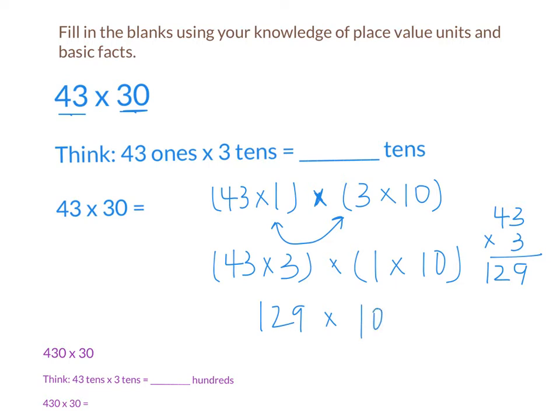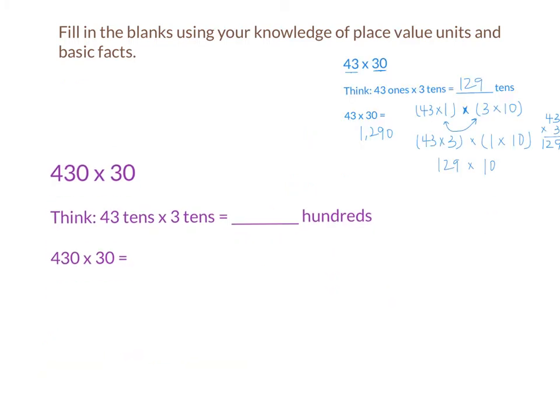So therefore, 43 ones times 3 tens is the same as how many tens? 129 tens. Do you see that? Okay. Now, if we have 129 tens, how do I write that in standard form? Meaning no units or anything like that. How do I write that in standard form? 1,290. Yes? So therefore, 43 times 30 is 1,290.